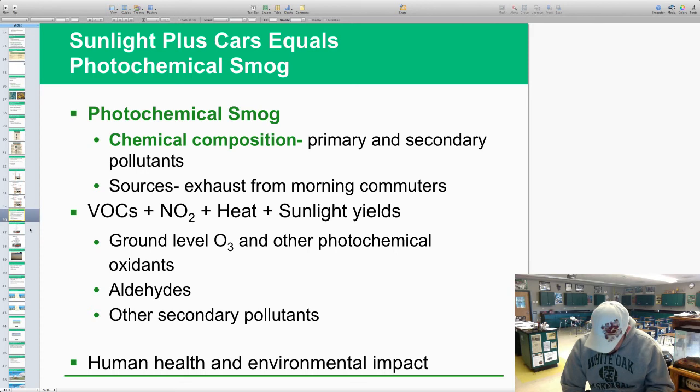A lot of modern cities have some photochemical smog, but it's much worse and more common in cities with sunny, warm, and dry climates such as Los Angeles, Denver, Salt Lake City in the U.S., Sydney, Australia, Sao Paulo, Brazil, Buenos Aires, Argentina, Bangkok, Thailand, Mexico City, and Santiago, Chile, and a few others as well. So those are a couple of our examples of where we see photochemical smog the most.